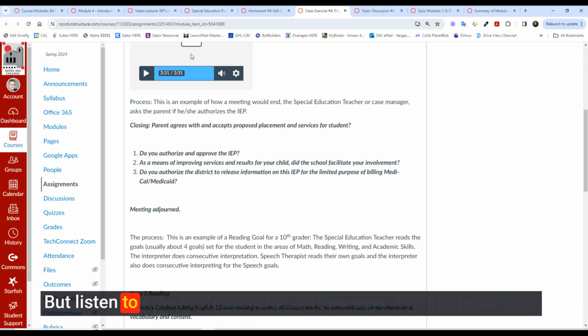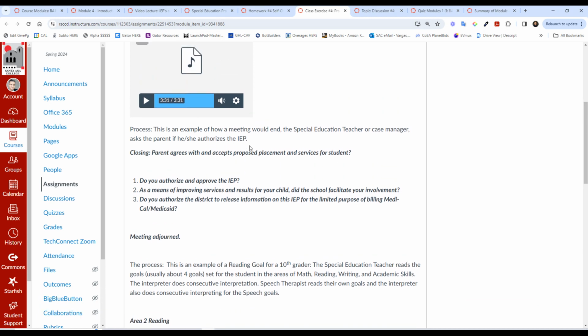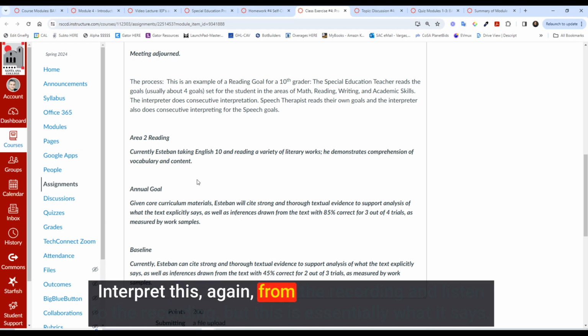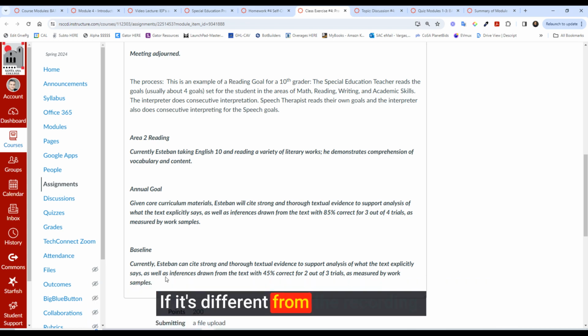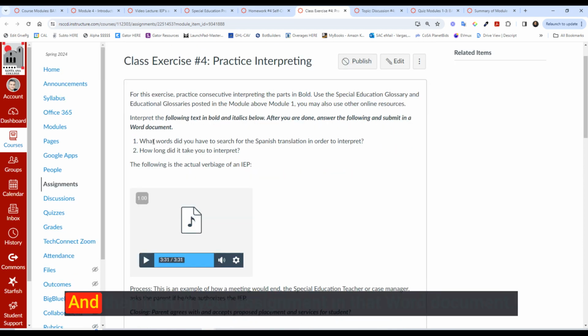But listen to how Professor de la Torre says it in this recording. So interpret this. Then they're going to talk about goals. Interpret this from the recording. Interpret this again from the recording and listen to the recording, but this is essentially what it says. If it's different from the recording, interpret the recording. After you're done with that, answer these questions and then turn in your assignment in that Word document.